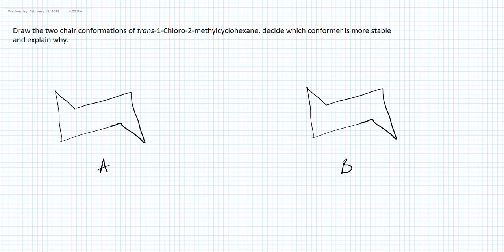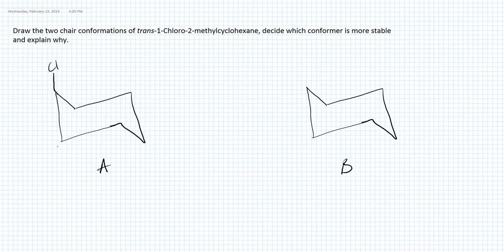But I prefer having this carbon number 1, and the other carbon, this one connected to that one, is number 2. So let's place a chlorine here. You can start arbitrarily with either an axial or an equatorial. I prefer starting with an axial chlorine. So here we are placing a chlorine.